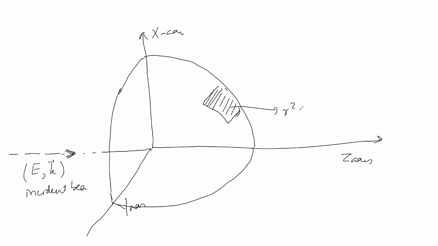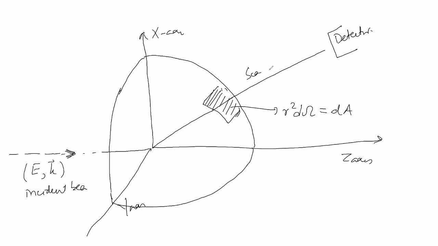This I called, if you recall, r square d omega. This is the differential area dA, and along this you are observing particles, because you have placed a detector here.